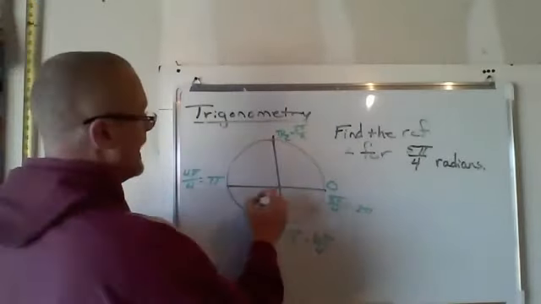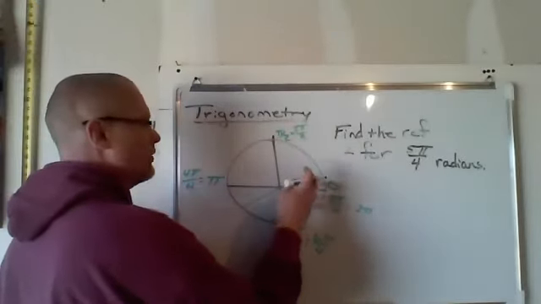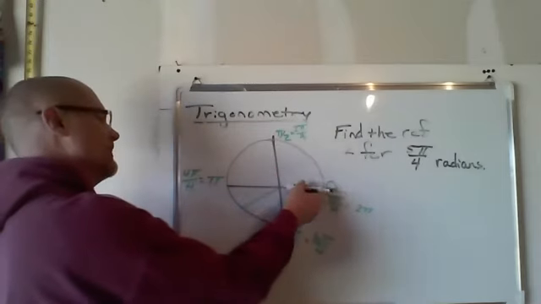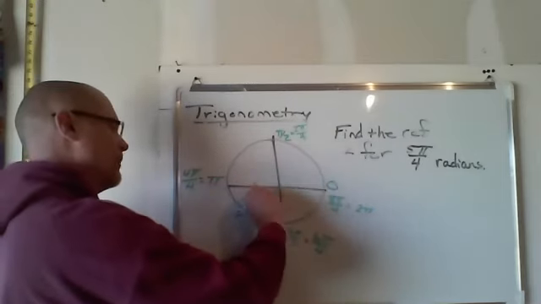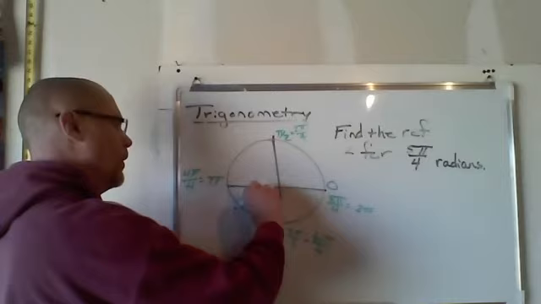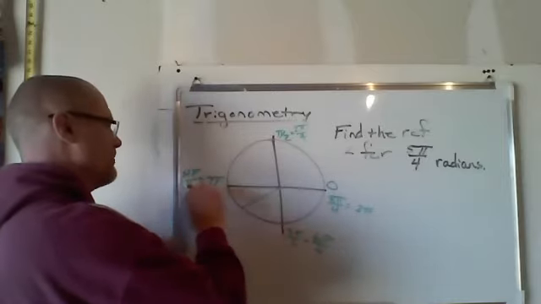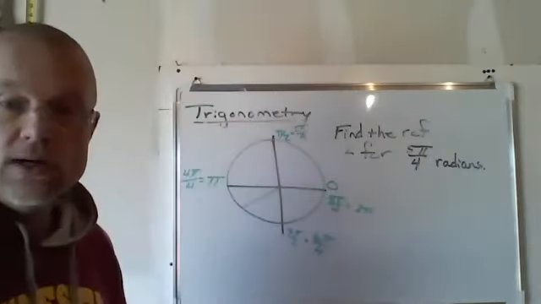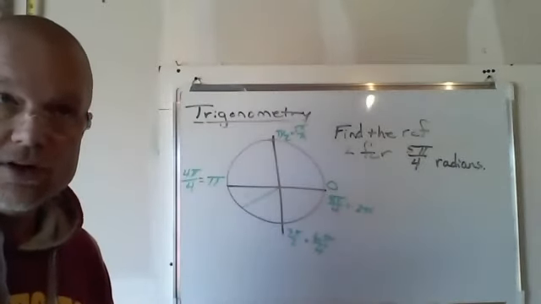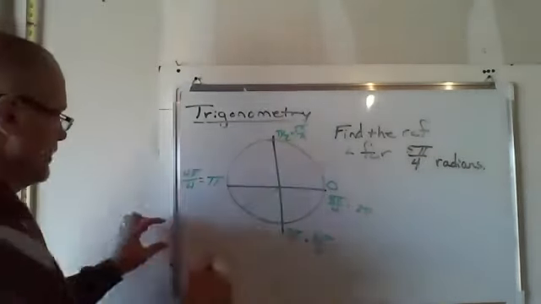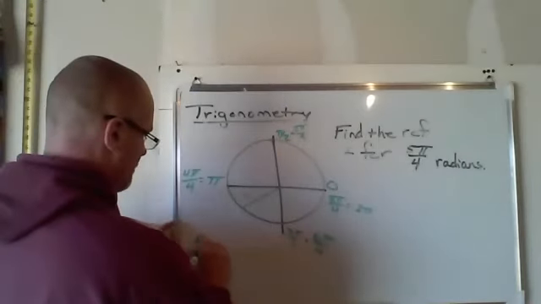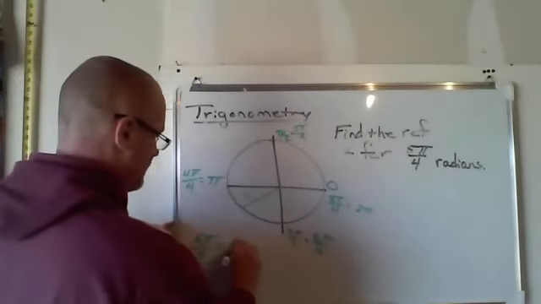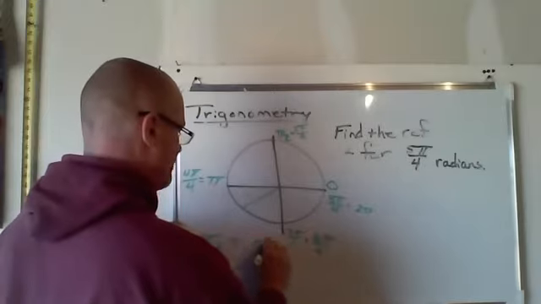Okay, so now what is this right here? Well, this is 4 pi over 4. I know this is 5 pi over 4. So what do I have to add to 4 pi over 4 to get to 5 pi over 4? How much further past do I have to add? I'm thinking in my head, 4 pi over 4 plus what is 5 pi over 4?